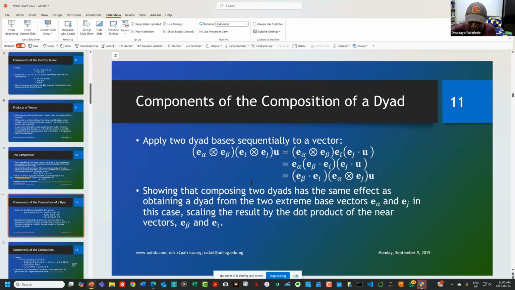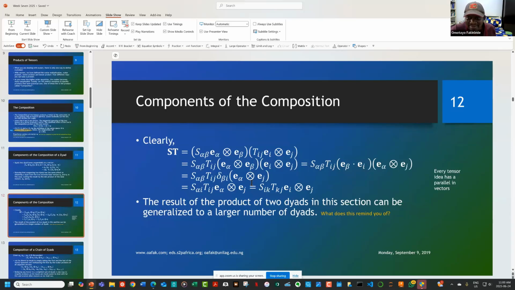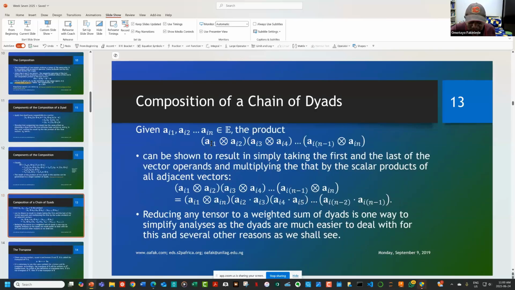Even when you have very many dyads and you want to compose all of them, all you need to do is take the very first one and the very last one and then do dot product on all the ones that are near each other. That's the answer.